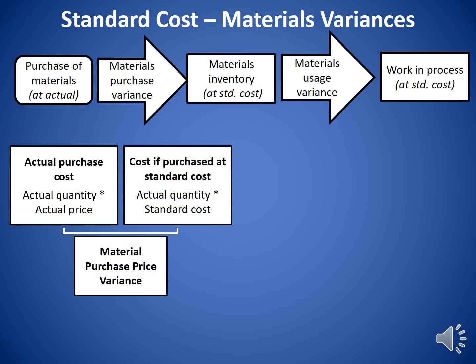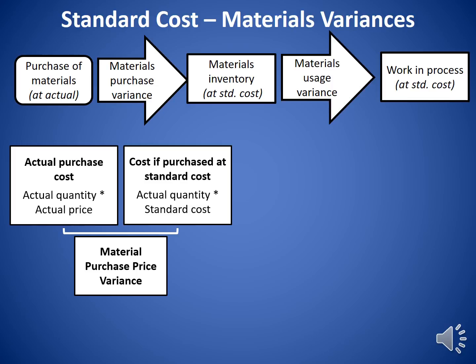Now let's take a look at how we actually extract the material purchase variance. On the left side we have actual purchase cost, and that is our actual quantity times our actual price. So that's the actual amount. The second box, the one on the right, says cost if purchased at standard cost. So we create this cost that we call, if we actually purchased this at the cost we plan to, what would have been that cost?